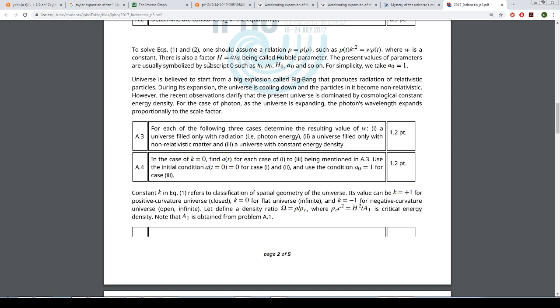Wait, they're saying that for the case of the photon, as the universe is expanding, the photon's wavelength expands proportionally to the scale factor. What does that mean, really? It means the wavelengths of light corresponding to those photons will also become bigger. Yeah, so all distances get scaled. That's right, and that light becomes less energetic.